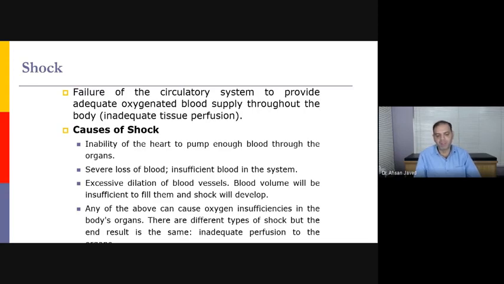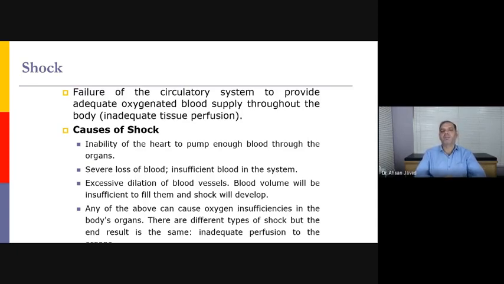With excessive dilation of the blood vessels, the blood volume will be insufficient to fill them, and shock will develop. Another cause of shock is excessive vasodilation, or dilation of the blood vessels, due to the use of certain medications, certain psychological conditions, or certain environmental conditions.